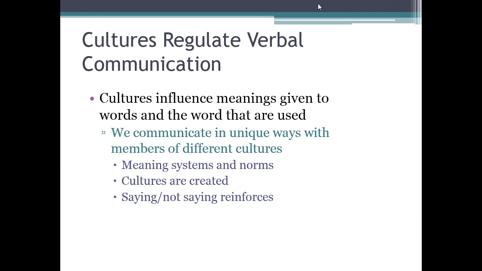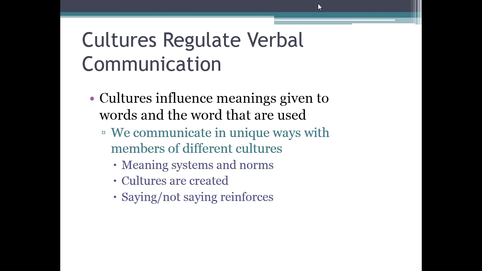Now, it may not be totally unique. In fact, there may be some things that somebody else from a different type of culture could completely understand. But truthfully, there are words and things that we use and stories we tell and things we understand that work in certain cultures. And when we are in those cultures or with those people, we do them.